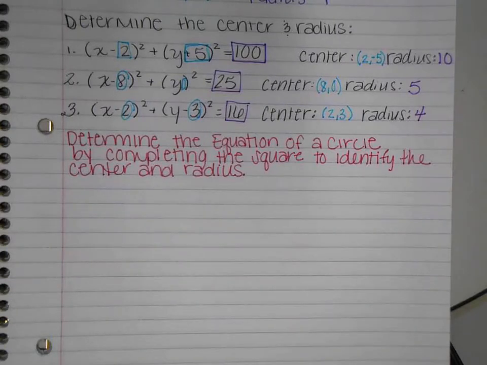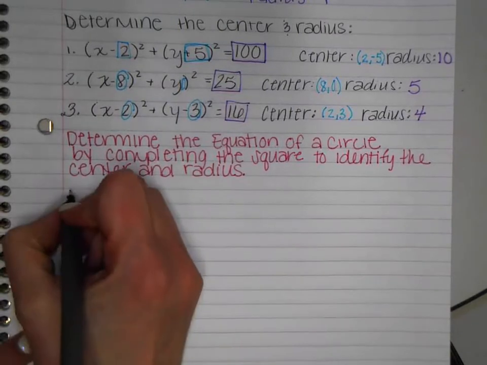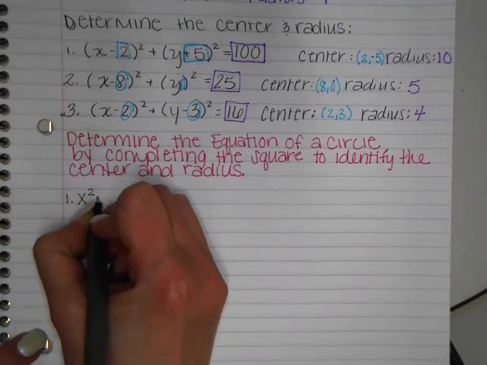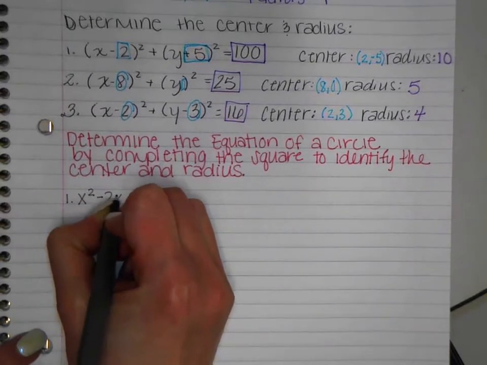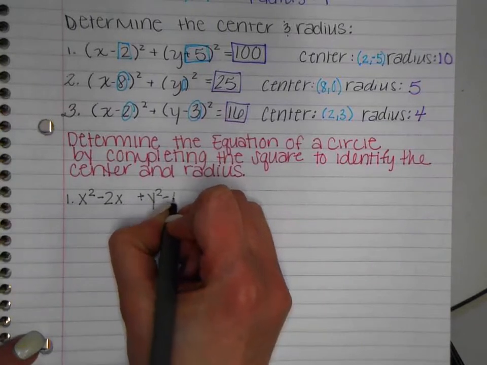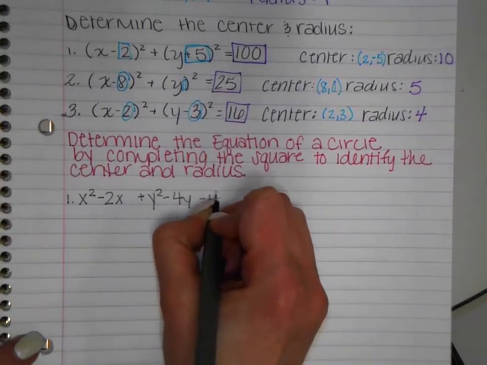Okay, so if we have x squared minus 2x plus y squared minus 4y minus 4 equals 0.